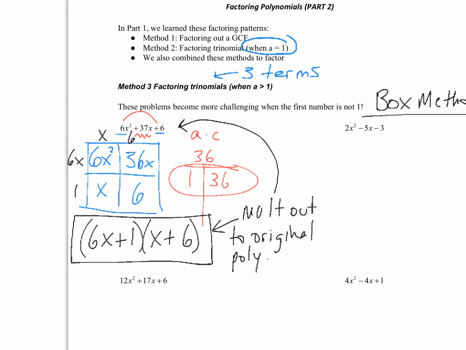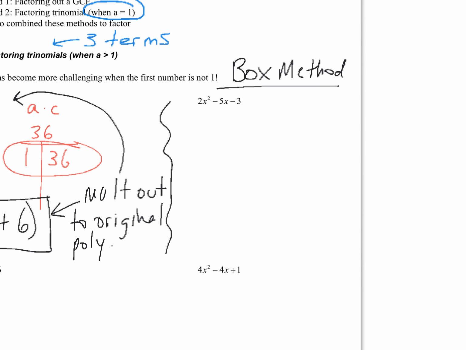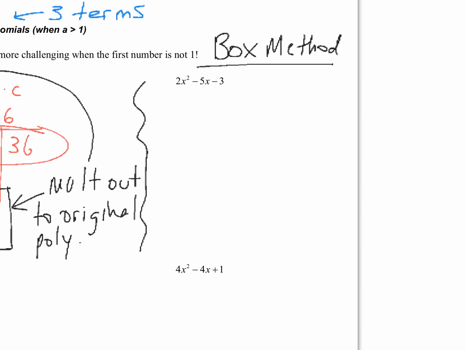Okay, let's look at another example here. Again, a is greater than 1. It's a trinomial, so we're going to use the box method again. The first term goes up here. The last term goes here. And we need a times c, so 2 times negative 3.